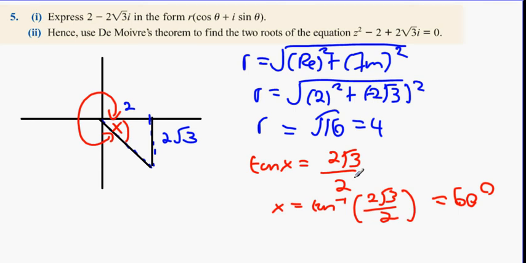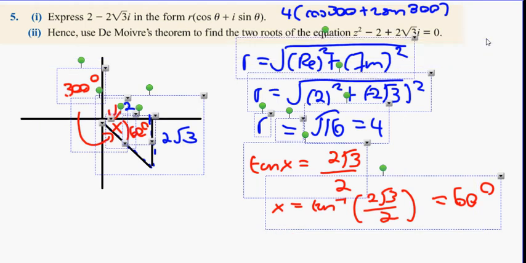Okay, so now we know that that is 60 degrees. We know that this one here will therefore have to be 300, because it has to all add up to 360 degrees. So it's going to be 4 cos 300 plus i sine 300. Okay, so that's all of this here.